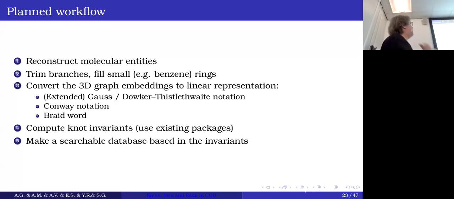We trim branches, we fill small rings which we know cannot have any entities going through them, like benzene rings. And then we essentially have multiple lines in 3D space. And then we think that we will convert this to a linear representation. Maybe it's Gauss notation or Dowker notation. Maybe it's a braid word, but you said it's not unique, so we'll have to deal with that.